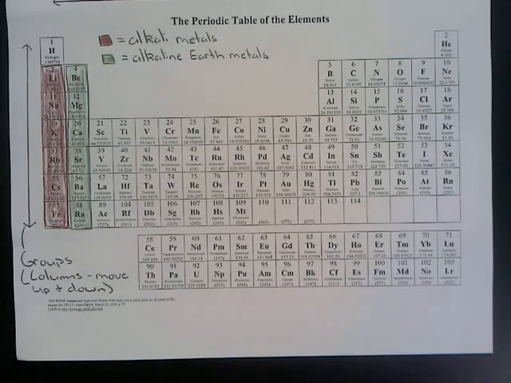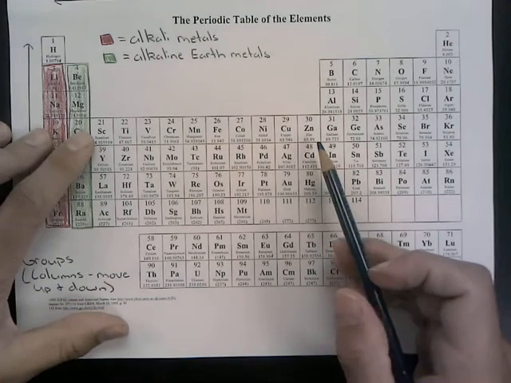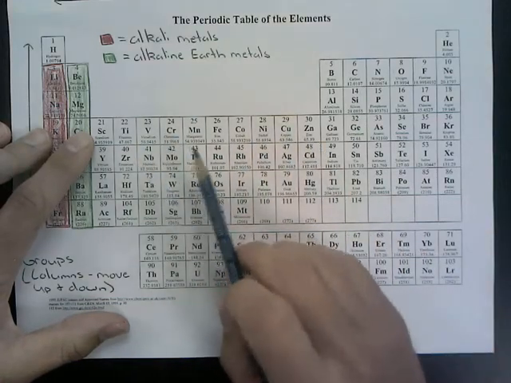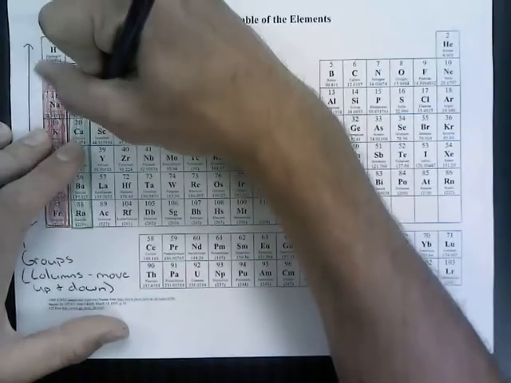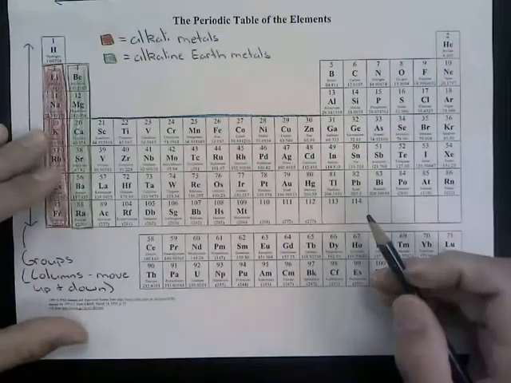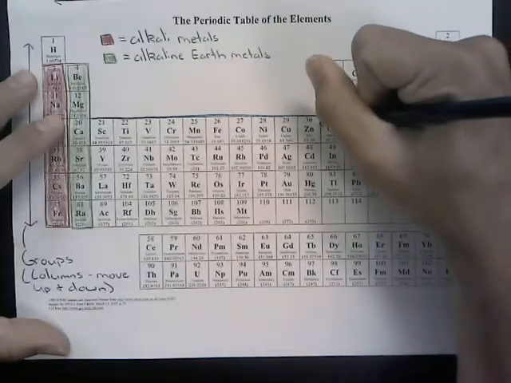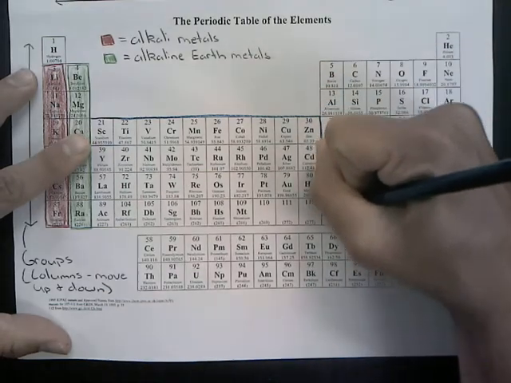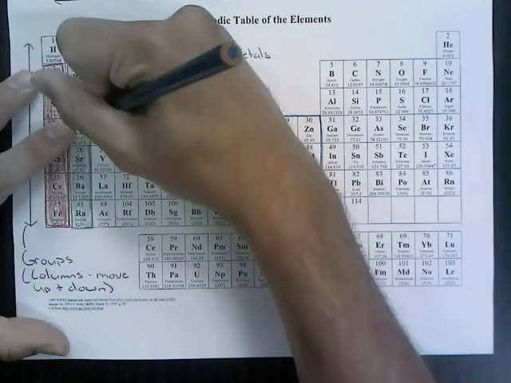Now we move over, and I'm going to highlight this in a dark blue color. We move over the next 10 groups, all the way from scandium, and it stops right after we get through zinc. And then we go down all of these groups to the very bottom here.